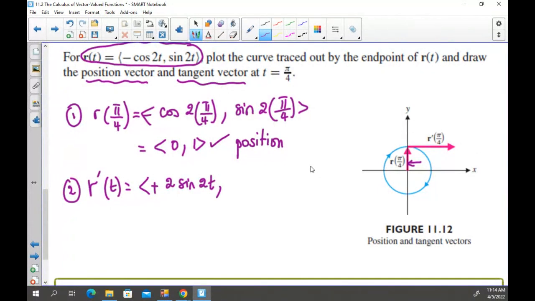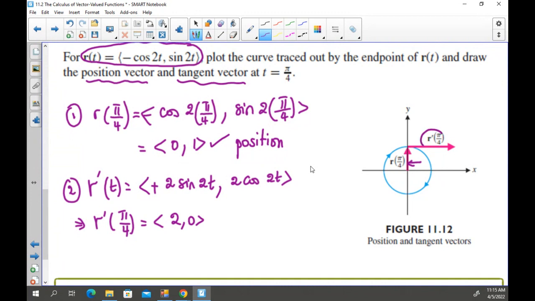So it's 2 sine 2t. And the derivative of sine 2t is 2 cosine 2t. And therefore, at pi over 4, substitute, it's going to give us (2, 0).